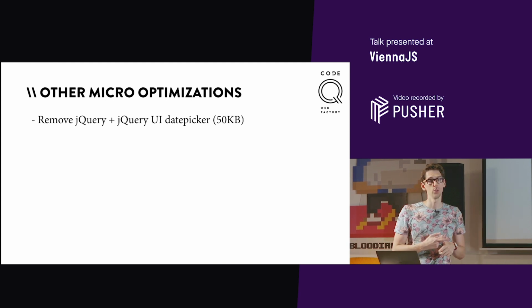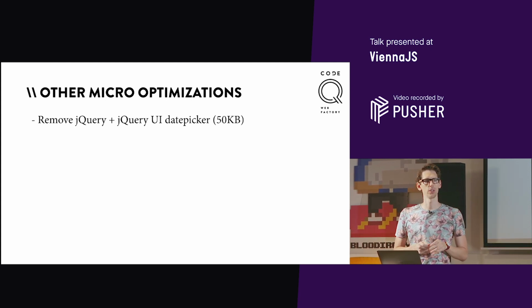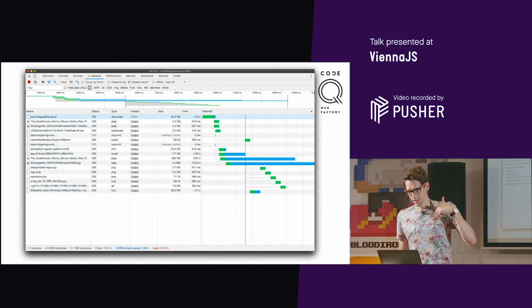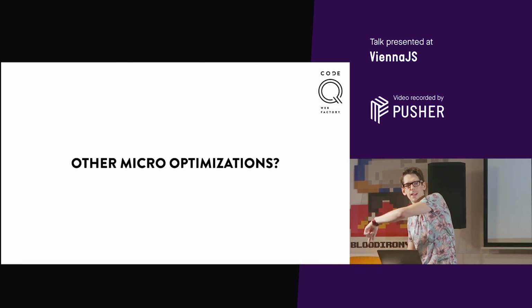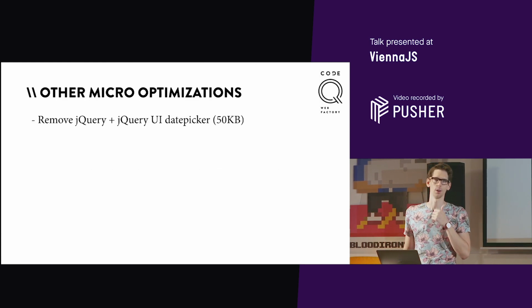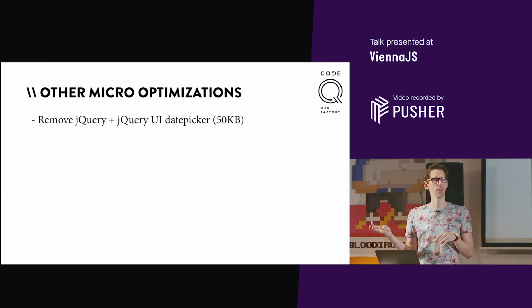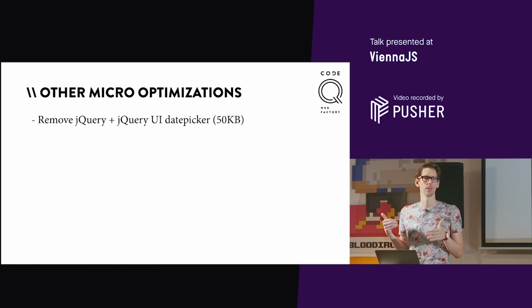The old website used jQuery, and it used it almost only for the date picker, which was from jQuery UI. There's a reason why you haven't seen the date picker, because, I can show you, it's only used if you click a button and then there's this date picker. So you could really easily either change it to a different library or load it later.